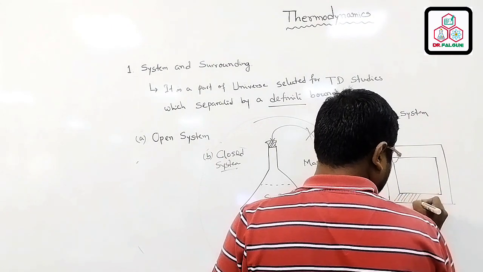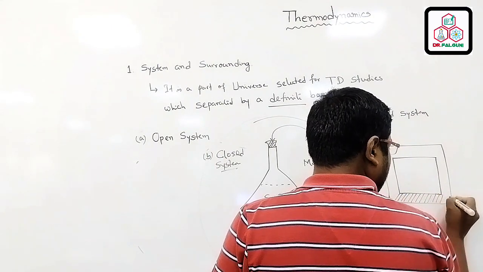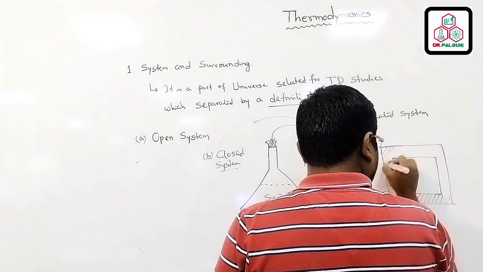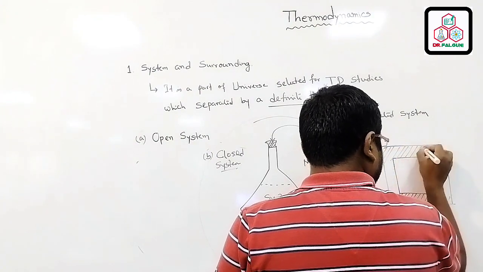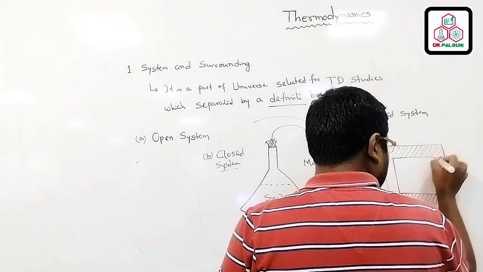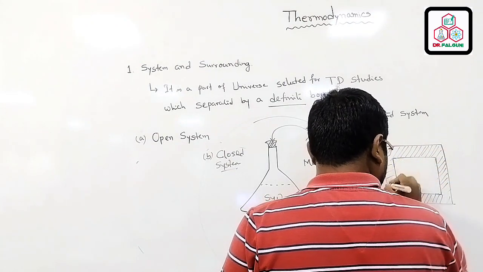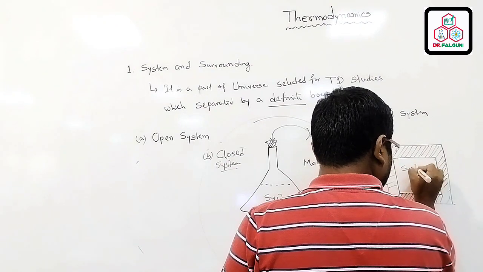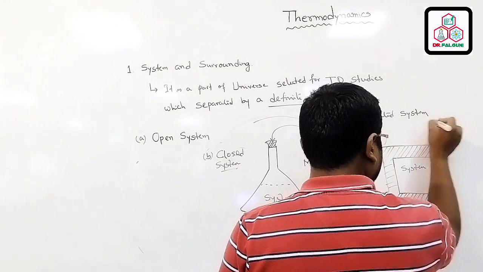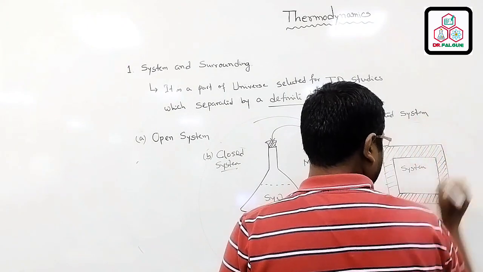This is the insulator. What is insulator? It is a material where energy does not enter the system. So here is the system and this is the surroundings.